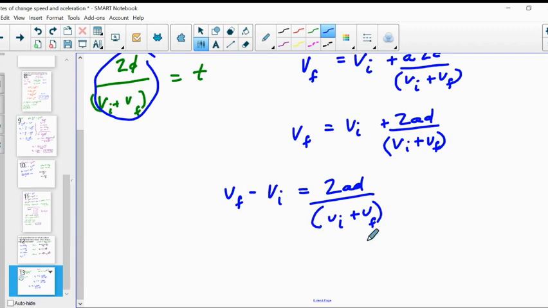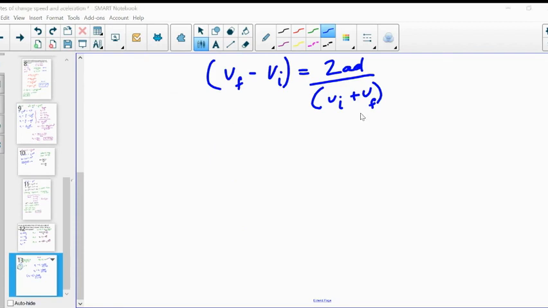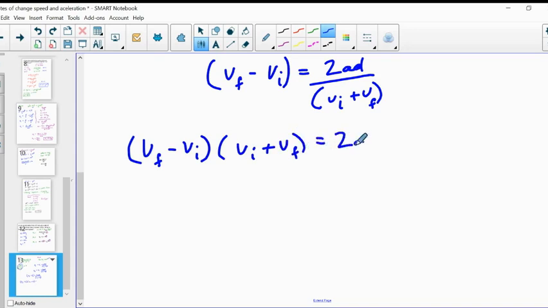And then if I multiply both sides by this, we'll see that we get rid of that denominator. So we have vf take away vi, which was already there, multiplied by the vi plus the vf, and that equals 2ad. Well, now I've got the multiplication of a polynomial here.